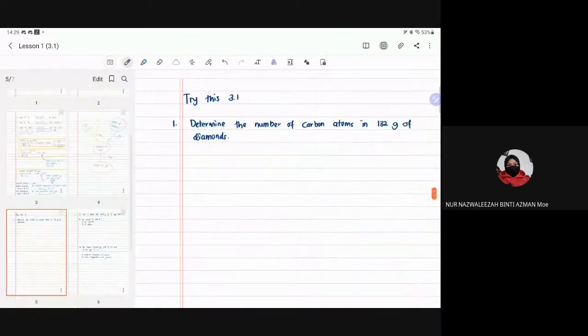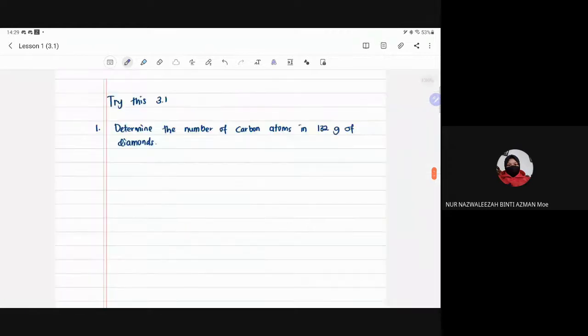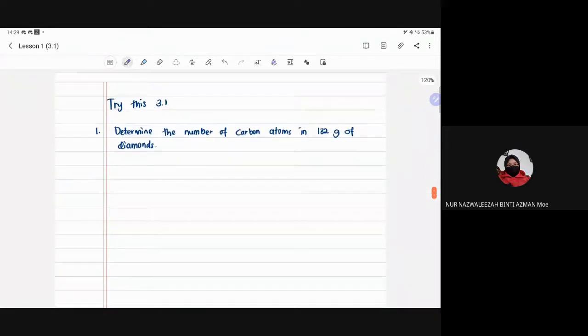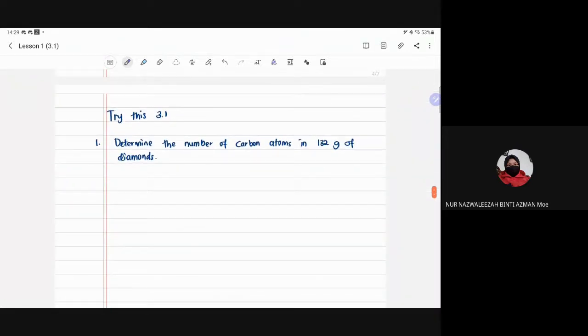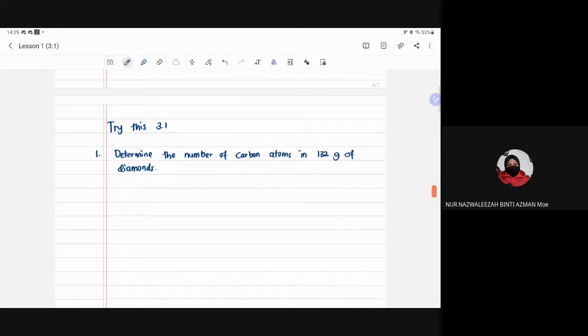Alright. So now, I would like you to try, okay, to determine the number of carbon atoms in 132 grams of diamonds. Okay.